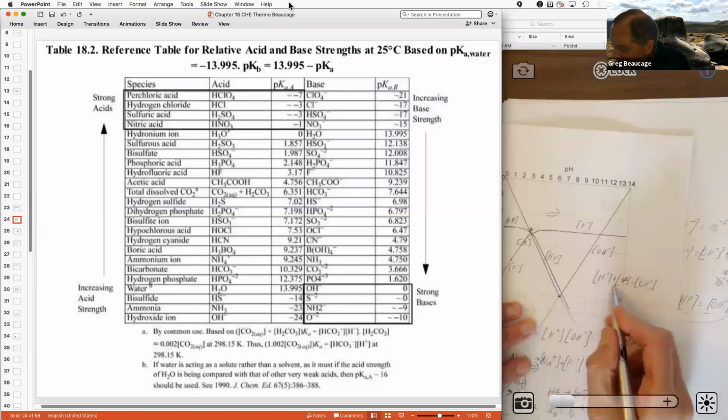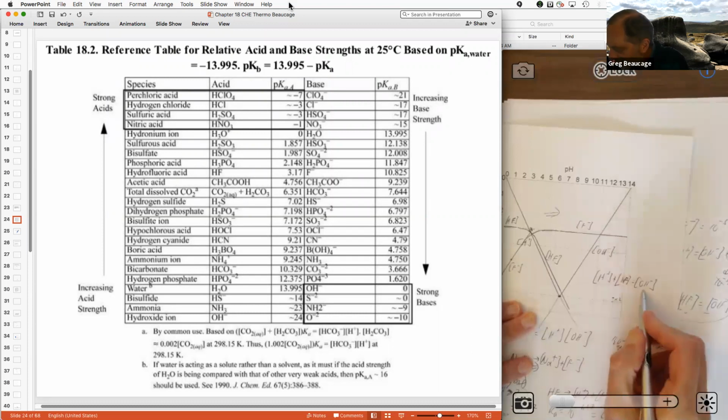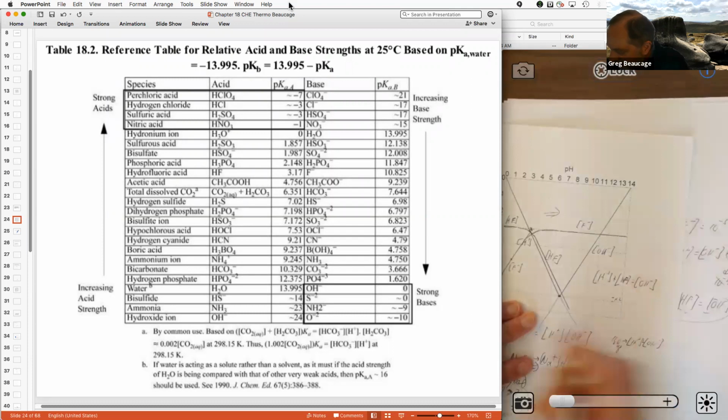So basically, H plus plus HF is going to be like 3 times H plus, or it's going to be just close to HF, right? Or a little bit more than HF. And then where HF equals OH minus, that's where your solution lies. So it's going to be kind of right here.